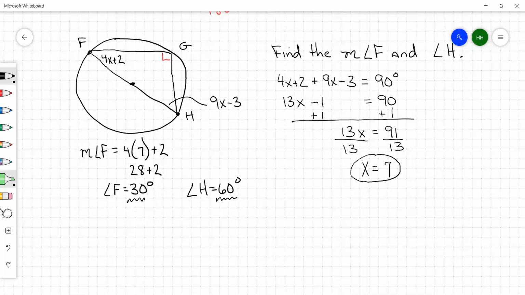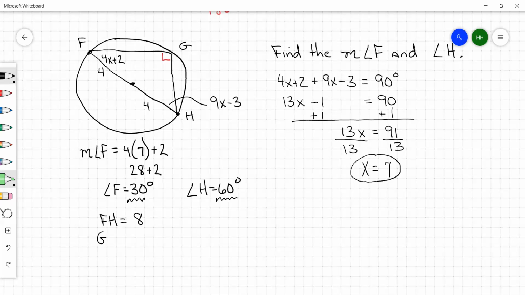So we could make this radius 4. And couldn't we find all these side lengths? Because if this radius right here is 4, how far is it from F to H? If this radius is 4, then this radius is 4, and F to H would be equal to 8. All right.